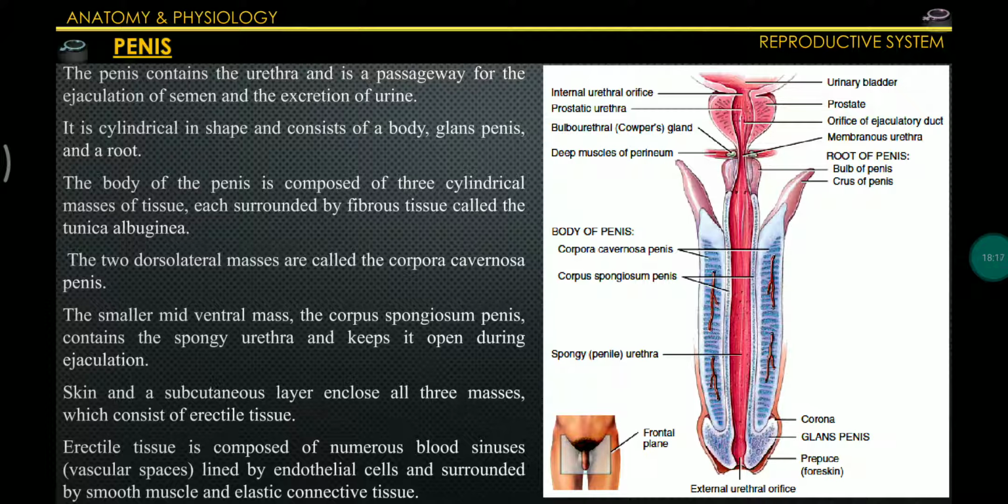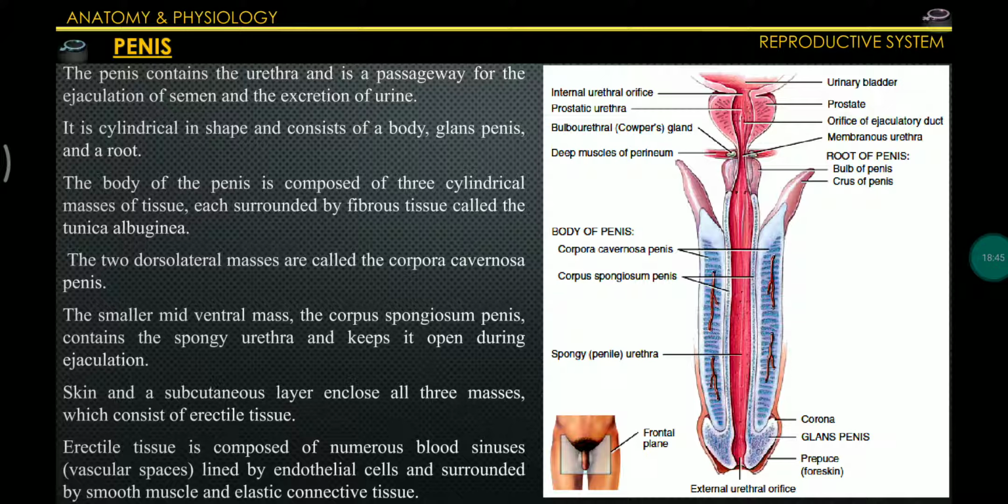Then coming to another accessory structure called the penis. The penis consists of three masses, a paired mass and a single mass, and it contains the urethra, a passageway for both semen and urine. It consists of a cylindrical shaped body, a glans penis, and a root.